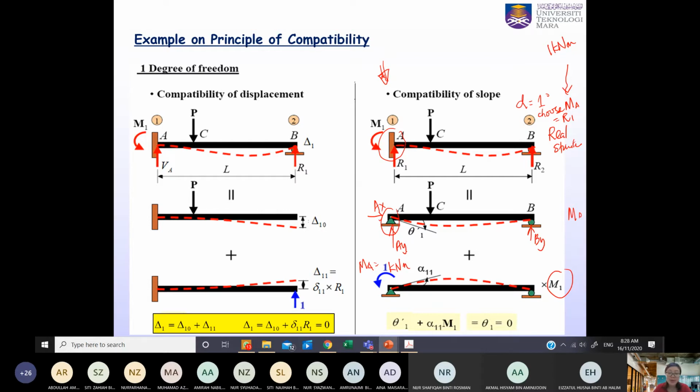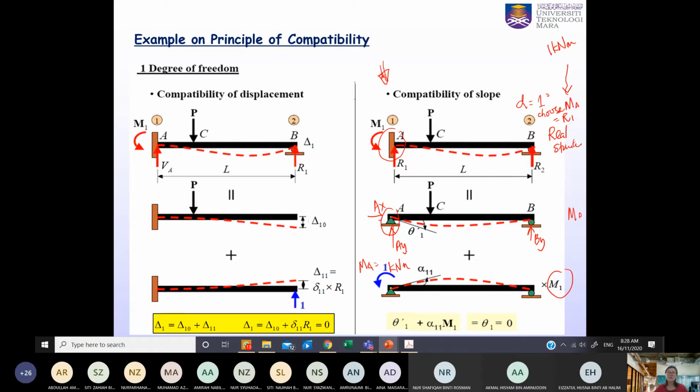Your answer later will tell you if the MA, that R1 that you have solved, is negative, meaning that your assumed direction is wrong. It is supposed to be the opposite side.